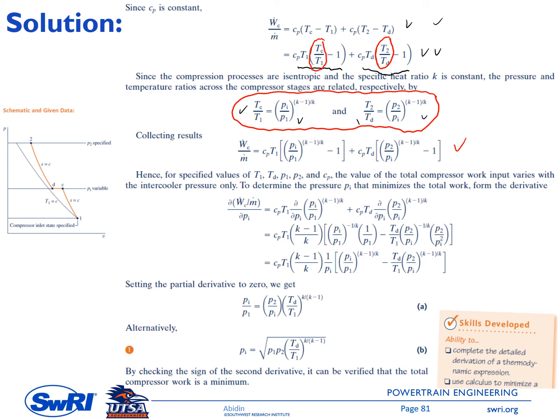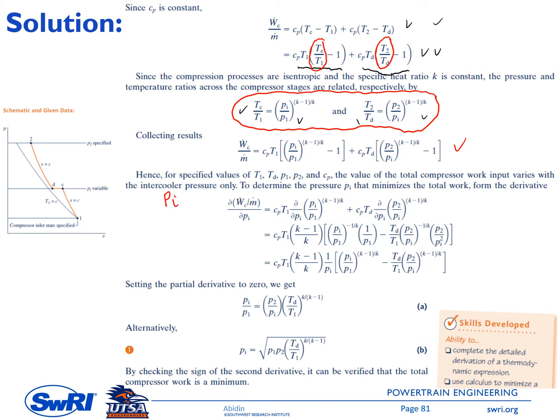Hence, for specified values of T1, Td, P1, P2 and Cp, the total compressor work input varies with the intercooler pressure only. The intercooler pressure here is Pi.